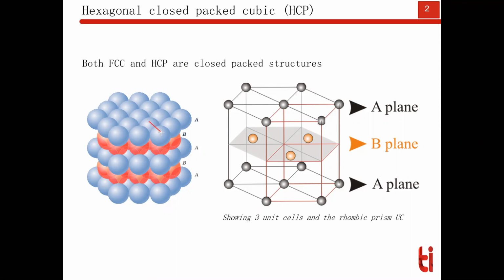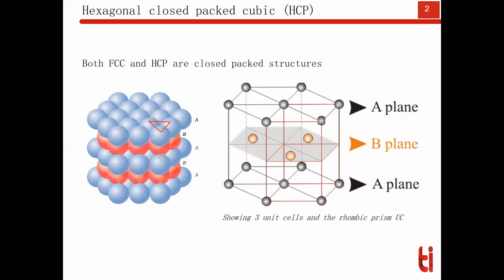If I have these 3 atomic positions and if I look below this particular ball where my cursor is at present, that particular ball is precisely sitting in the valley of this triangular position.